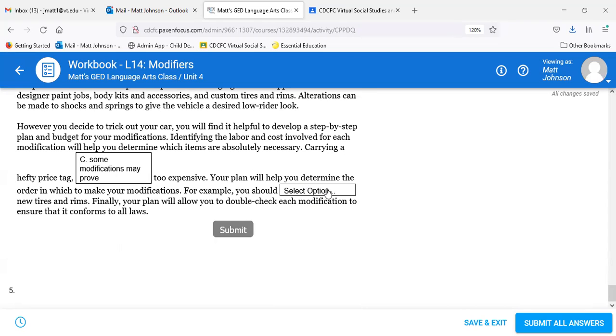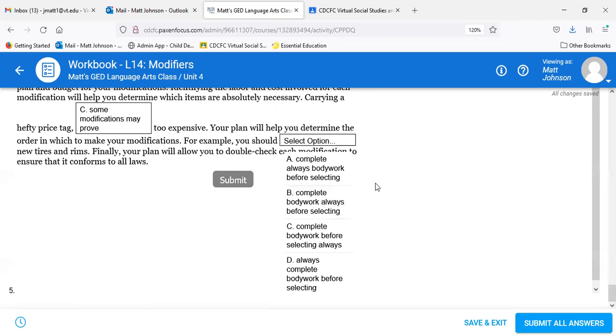For example, you should complete body work before selecting new tires and rims.